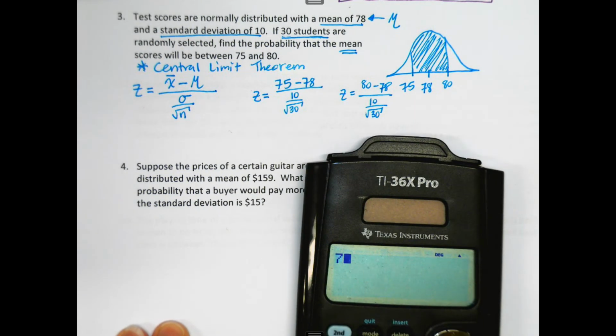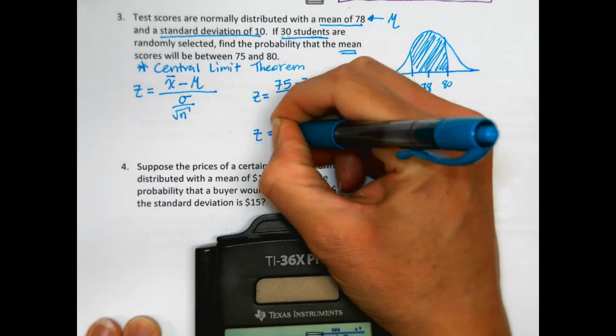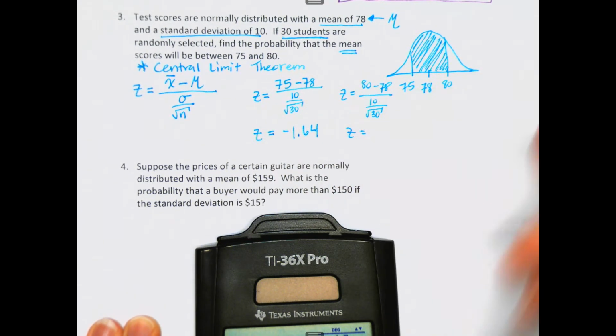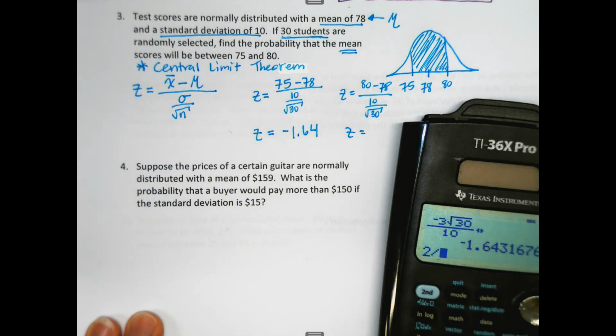So 75 minus 78 divided by 10 over the square root of 30, we end up with negative 1.64. So one of our z values is negative 1.64. And the other z value is going to be 2 divided by 10 over the square root of 30.